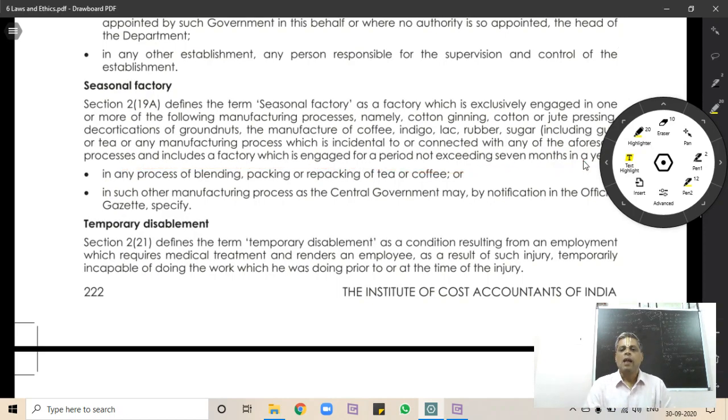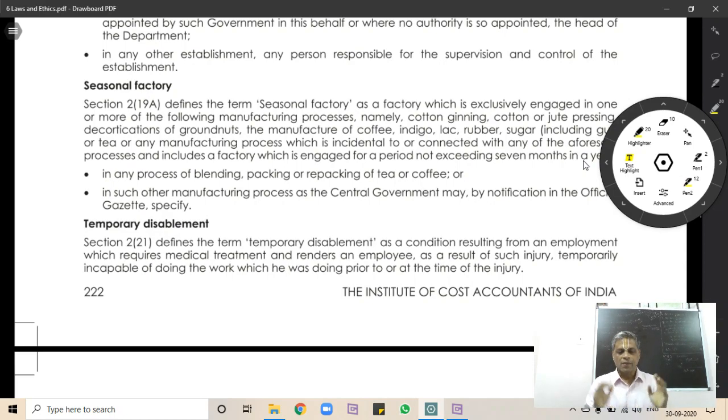So, a seasonal factory is an establishment which is engaged in the manufacturing process of cotton ginning, cotton or jute pressing, decortication of groundnuts, manufacture of coffee, indigo, lac, rubber, sugar, tea, and sugar including gur, or any manufacturing process which is incidental to or connected to any of the aforesaid processes.